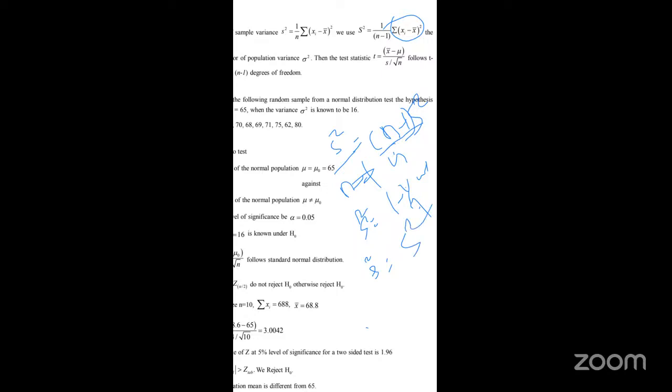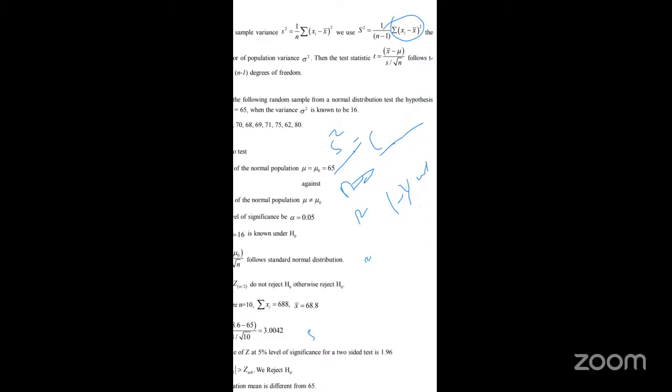But in the case of small samples, small s square equals n minus 1 by n capital S square. This is the formula. So that means n small s square equals n minus 1 capital S square. This is for small samples.